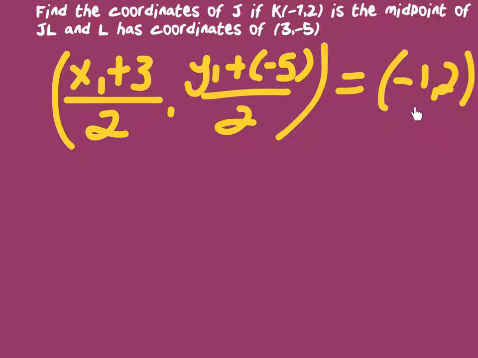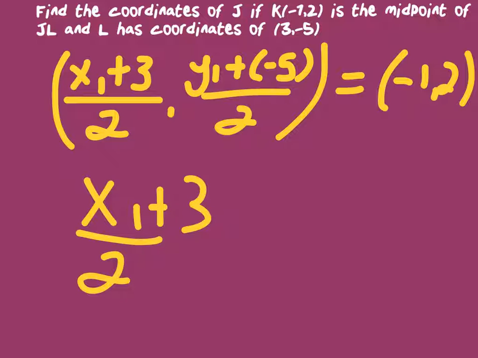To solve this, you're going to break this up into 2 different equations. You're going to split it right down the middle. Equation 1 is going to help you do the x's. So let's do that on this slide. You have x1 plus 3 over 2, and all that should equal the x coordinate, which is negative 1. Now the only thing that you need to do is solve for x1.